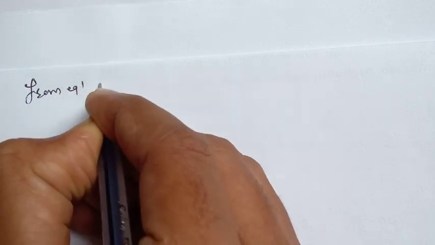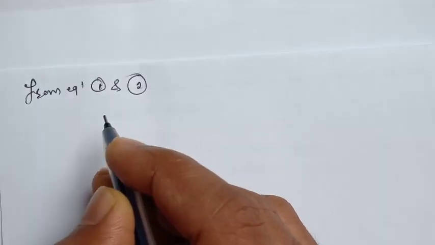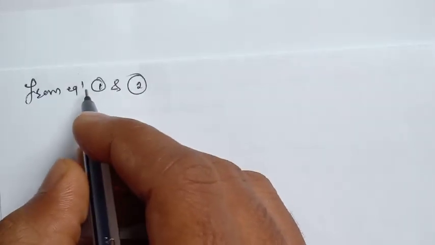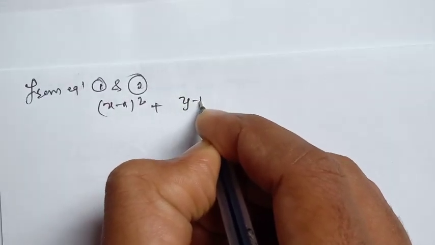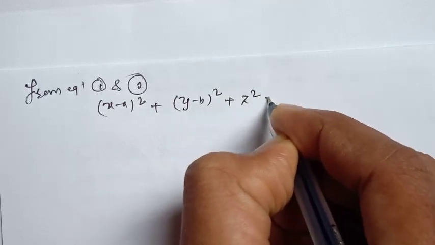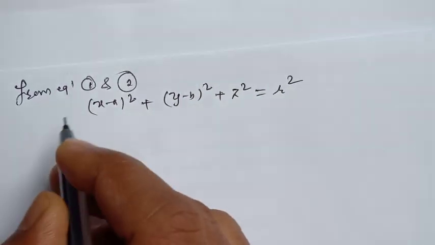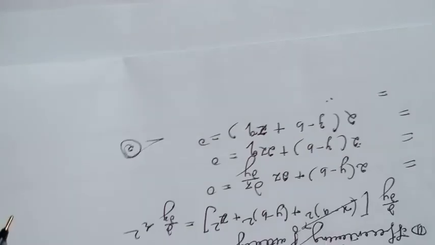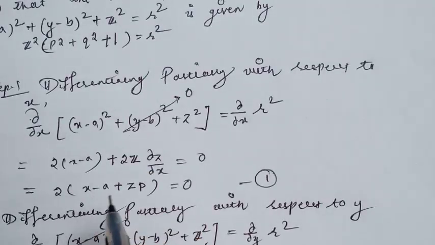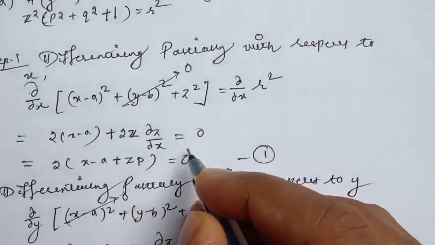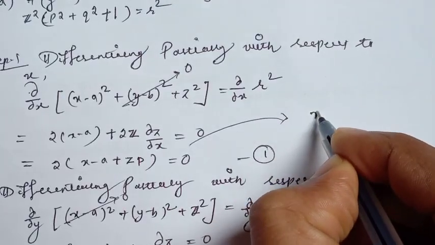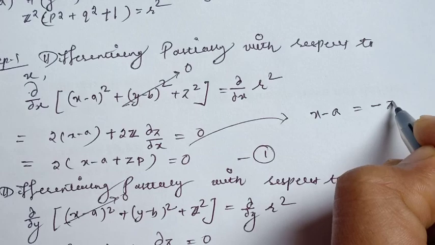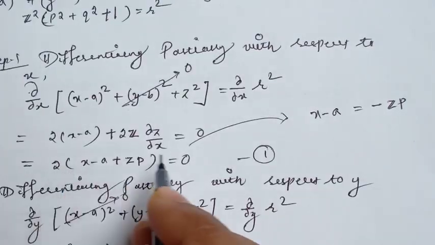From equations 1 and 2, we have the equation (x − a)² + (y − b)² + z² = r². Listen students, from equation 1 we can write x − a = −zp, because 2 will be 0.